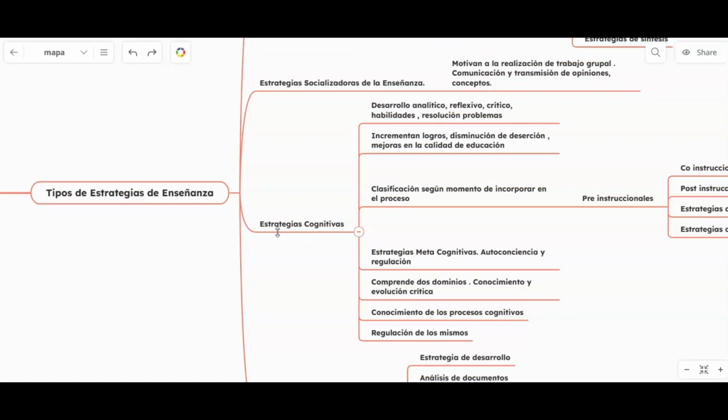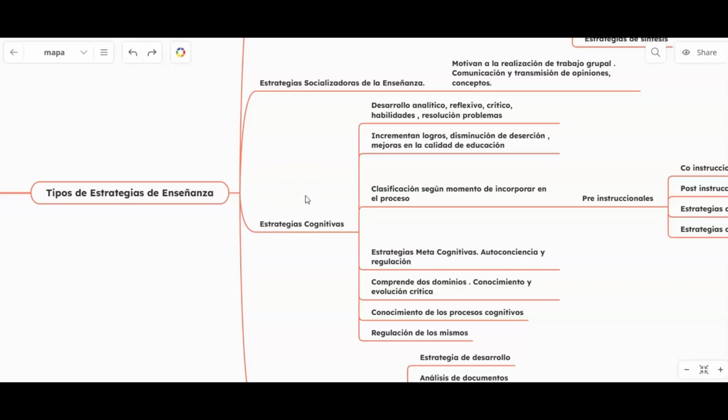These focus on the development of analytical, reflective, and critical thinking, as well as problem-solving skills. They increase achievement, reduce dropout rates. We do not want any students to feel burned out and therefore drop out of the class, and they improve the quality of the education by doing that.